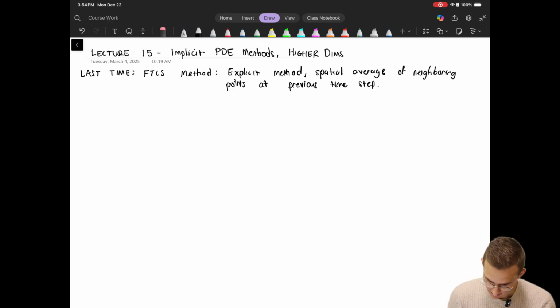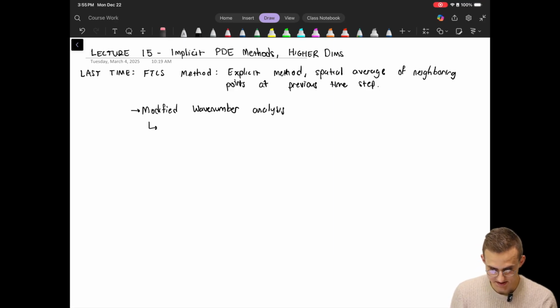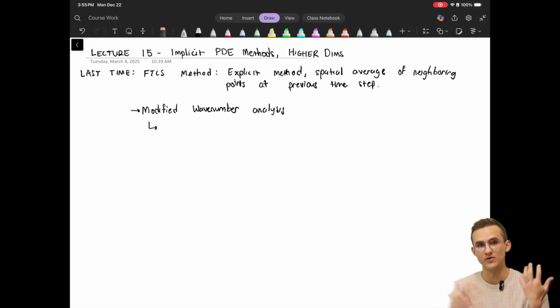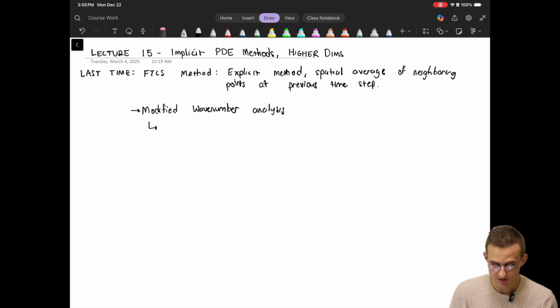Okay, and then we ended the lecture with a discussion of the modified wave number analysis, which may have seemed a little confusing or overwhelming, but the important thing to remember is that you really are just trying to get lambda and perform the same sort of stability analysis that we've been doing so far in this course.